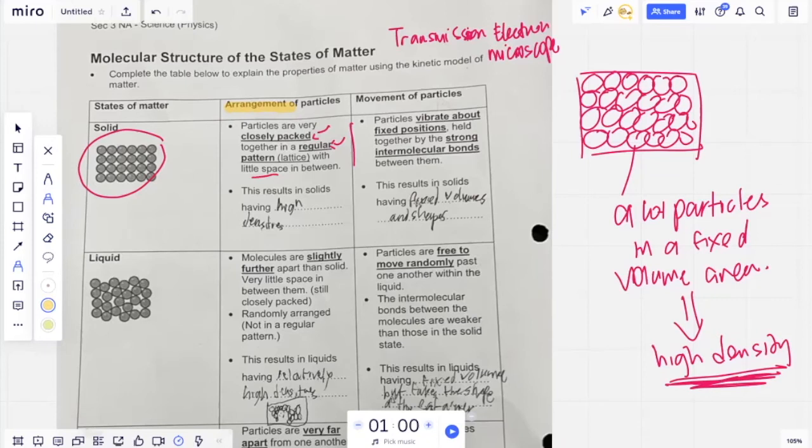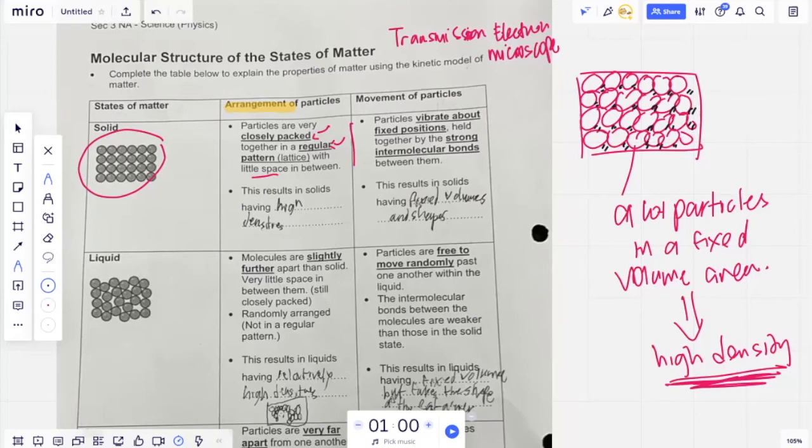Then if you were to examine their movement, you will find that all these atoms, particles or molecules in a solid, while they are in their own fixed positions, will still move.